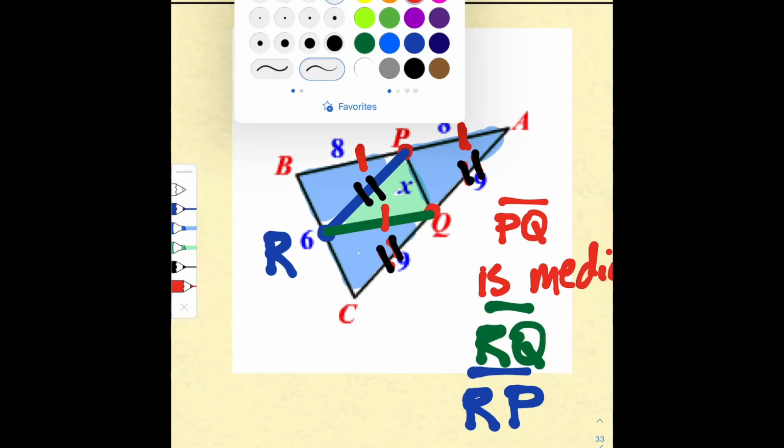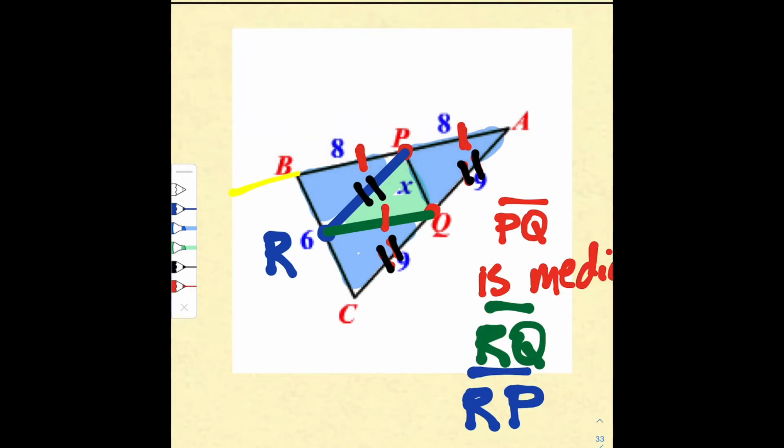Now, how do I know that RQ matches up to those 2? For several reasons, but I think the easiest one to tell is if I take, let's take yellow. Can we see yellow? Yeah. See, we got a line there. And this line here has to be parallel to it. My drawing leaves something to be desired there, but those two lines will be parallel. Okay? And in fact, PQ will be parallel to BC.